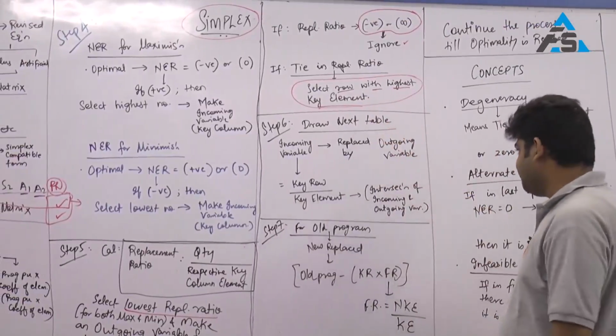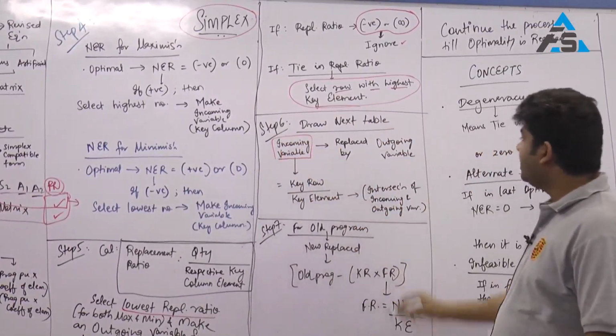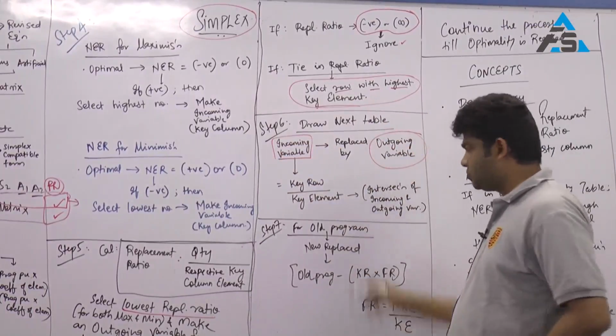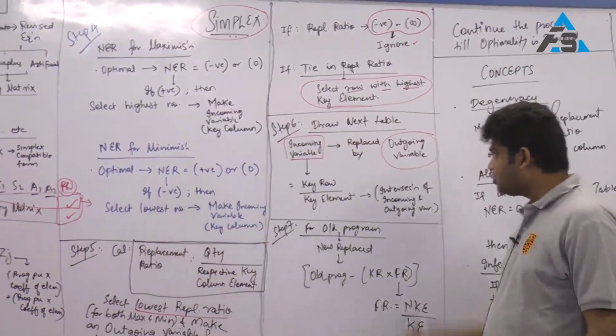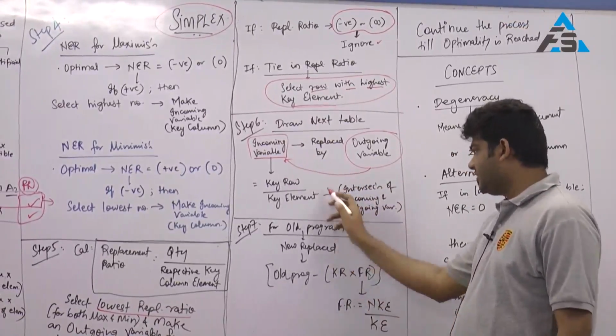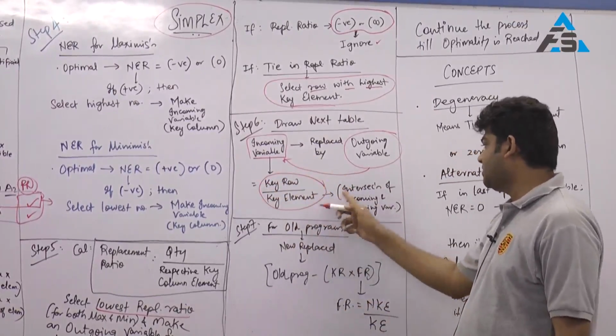Draw the next table. For the next table, here the incoming variable replaces the outgoing variable. So now there is an outgoing variable which we have got because of this replacement ratio. Now this outgoing variable will be replaced by the incoming variable by putting the formula key row upon key element. What is key element?